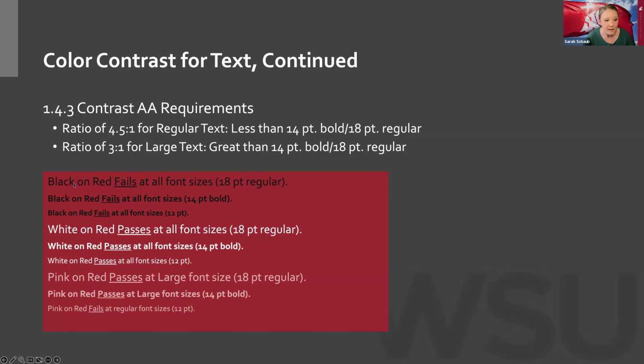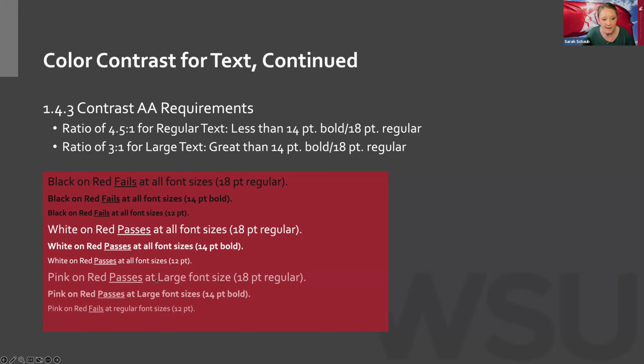I've got black on red text. It fails at all font sizes because the color contrast ratio is not sufficient. It does not meet the 4.5 to 1 ratio that's required. White on red passes at all font sizes.